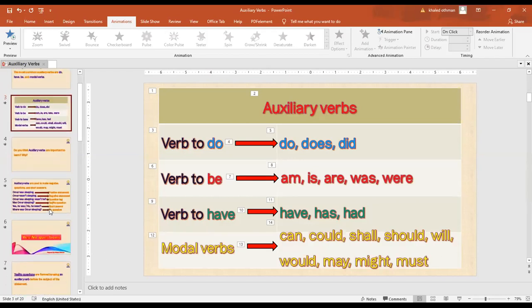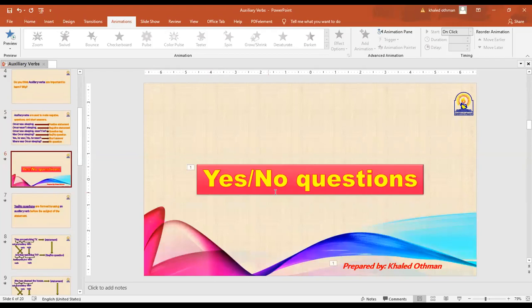Then we learned how to use them in making yes and no questions. If you can remember, who can tell me, how can I make a yes or no question? This is the topic of last lesson.